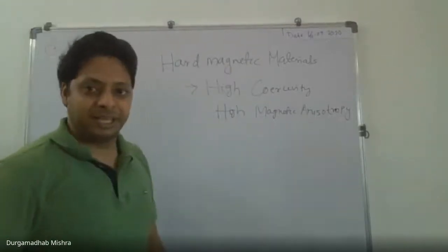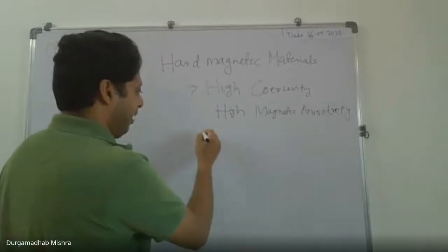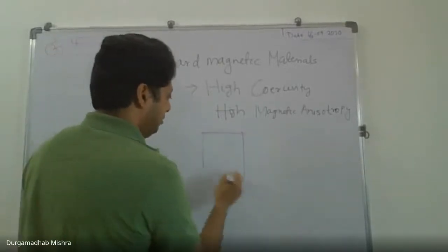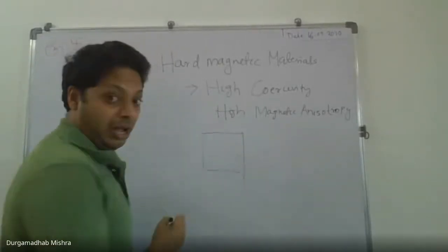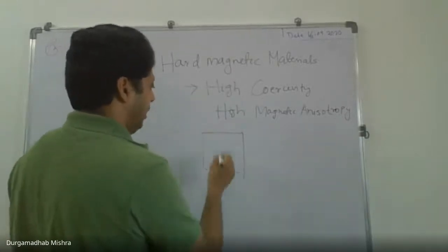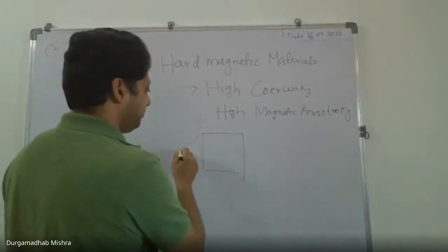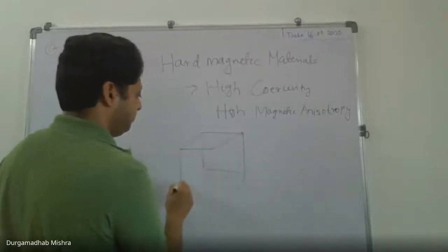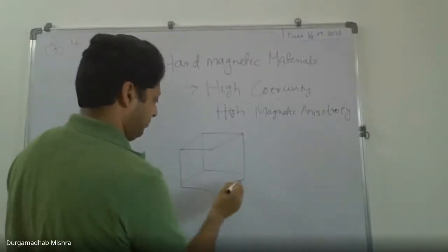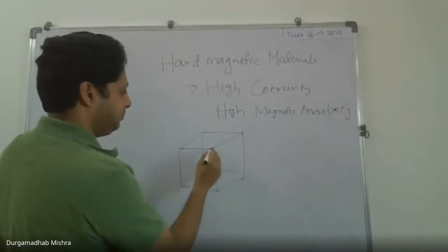So high magnetic anisotropy means, if I look at the crystal structure, the arrangement of atoms, okay.